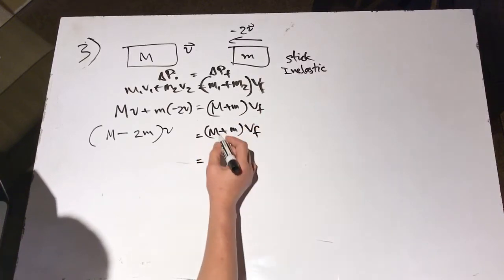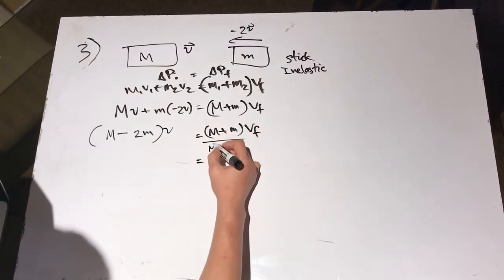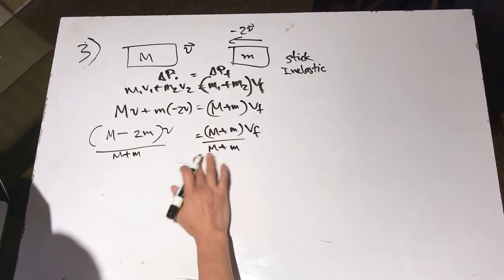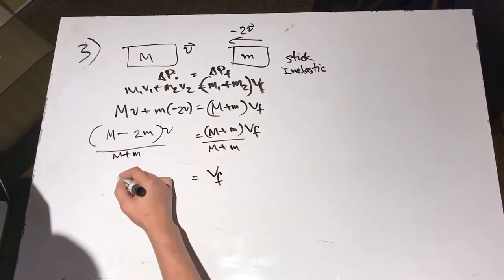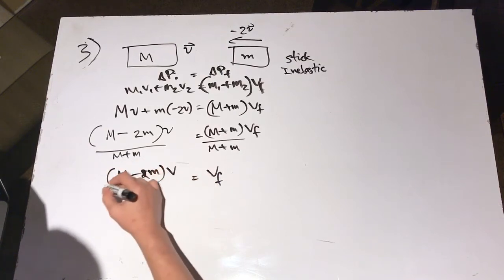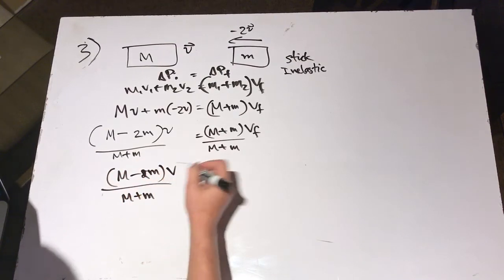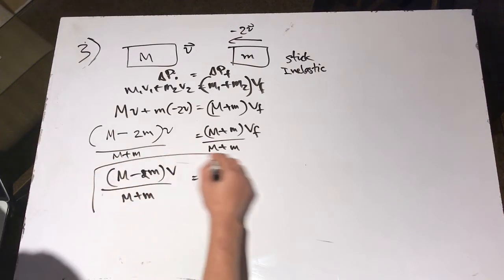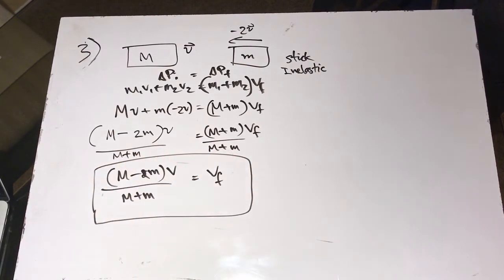So looking for vf, we're just going to divide by the same term on both sides of the equation. So your final velocity should be (M minus 2m) v over (M plus m). This is the final equation, representing the final velocity when those two blocks stick together and move at a new speed.